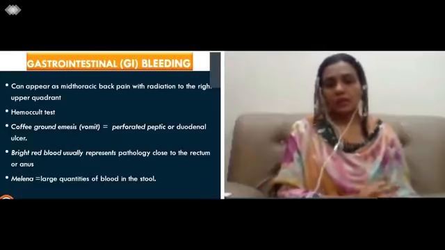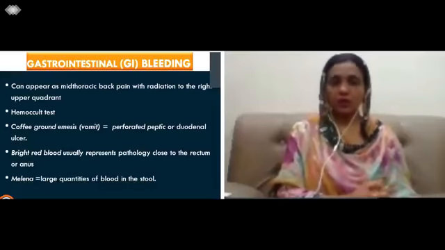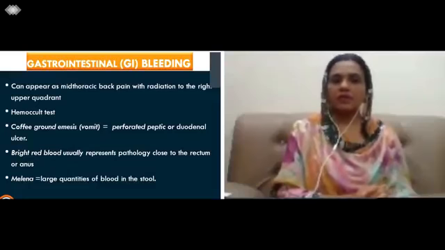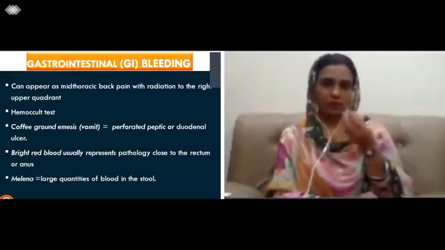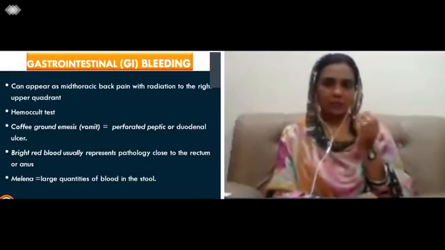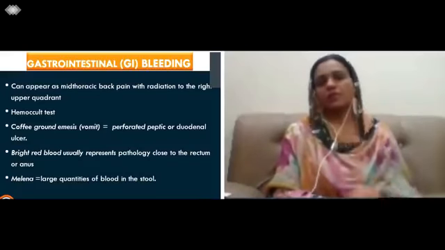The other thing that can give you a clue that the patient is having GIT bleeding is coffee ground emesis, where the color of the vomit is just like coffee grounds, a brownish black color.